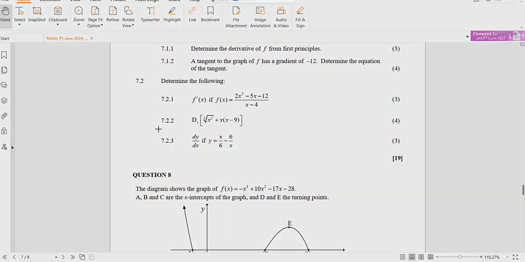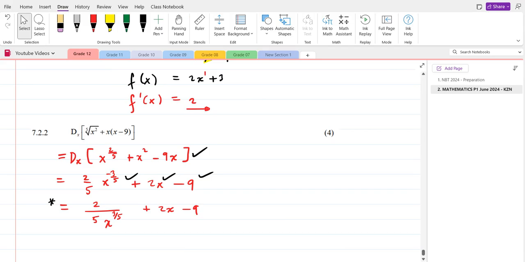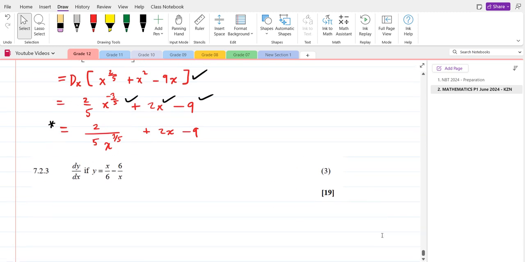7.2.3. Again, writing this 7.2.3 in standard form. Alright, so we're going to split this up and write it in standard form. So we're going to write y is equal to 1 over 6x minus 6, bring the x over, x to the power negative 1.